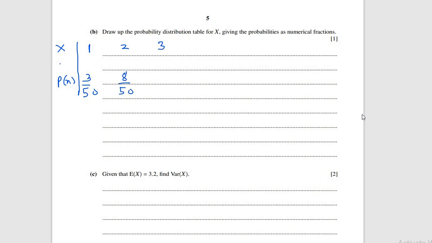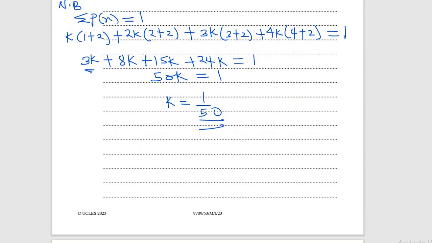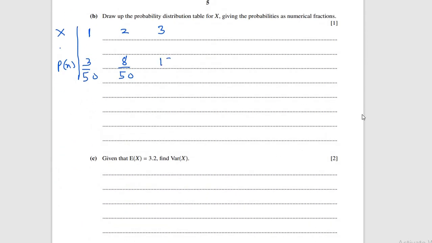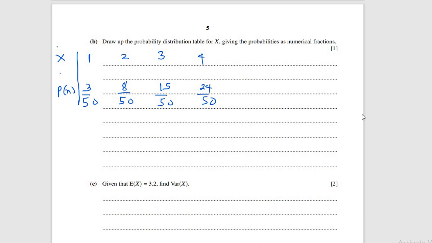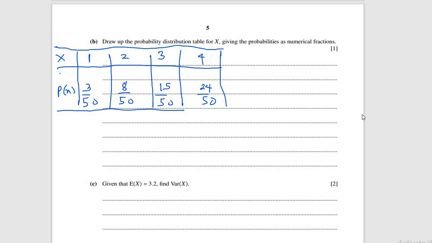When x is 3, that's 15k, 15 over 50. And when x is 4, I think it's 24k, 24 over 50. Let's check it. When x is 4, yeah. So this is the table they asked us to draw. Okay, now that's the table.